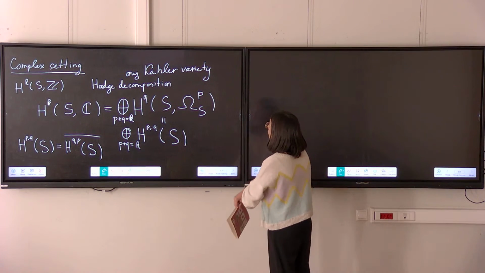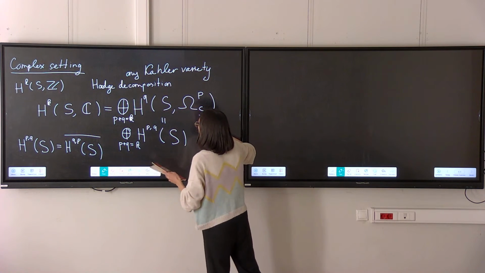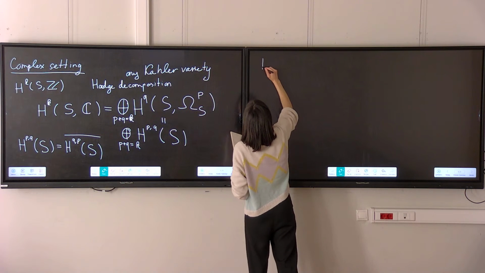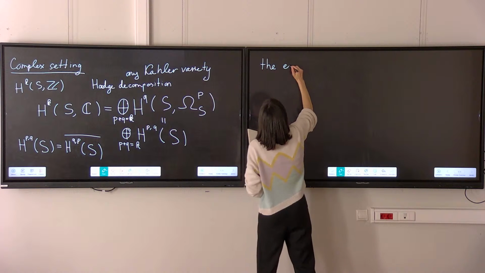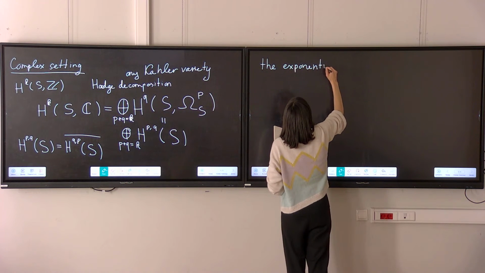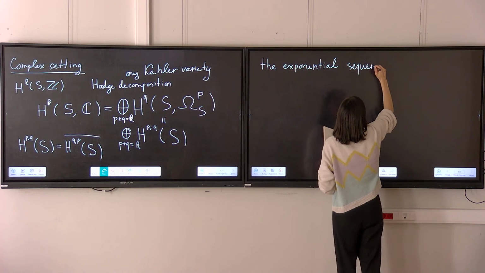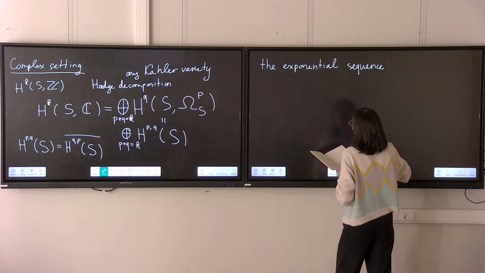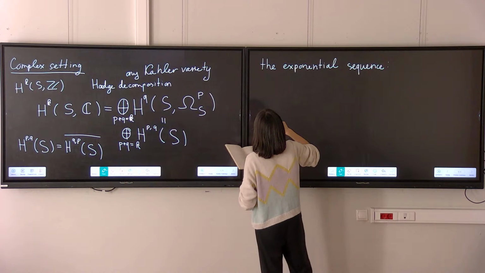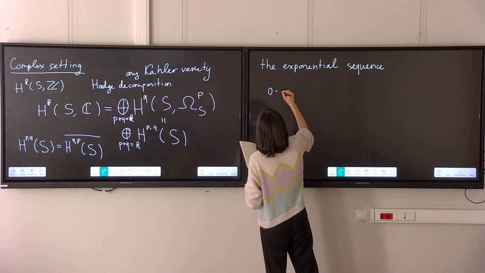So this is it, I just formulated this statement, and now in the complex setting we also have the exponential sequence, that will explain to us what is the relation of the Picard group with the Néron-Severi group in a more precise way. So what is an exponential exact sequence?